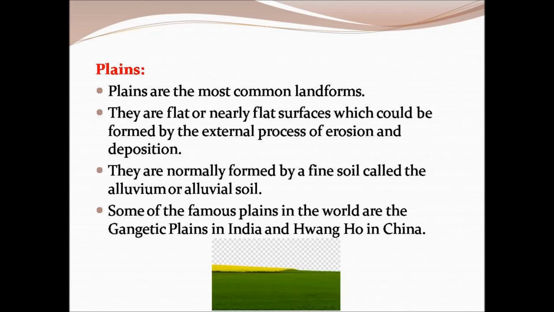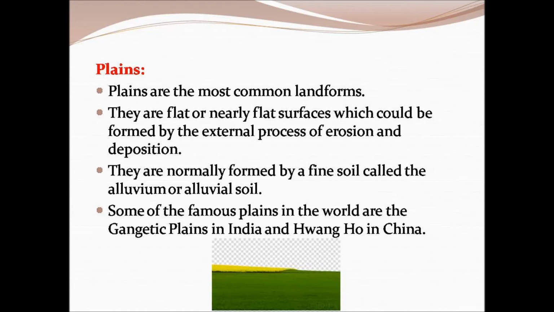Plains. Plains are the most common landforms. The plains are flat or nearly flat surfaces which could be formed by the external processes of erosion and deposition. We have already studied what is meant by erosion and deposition.